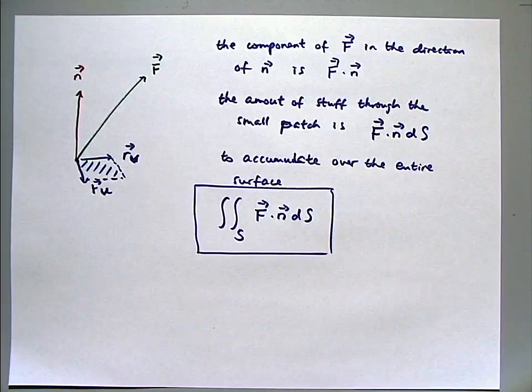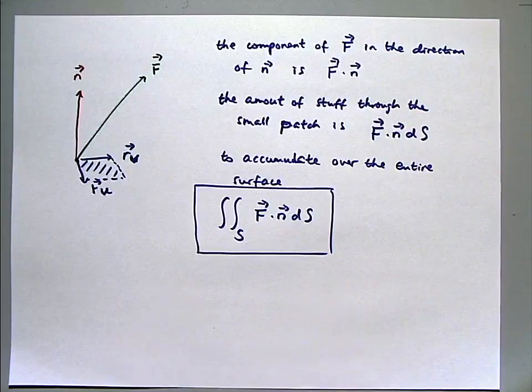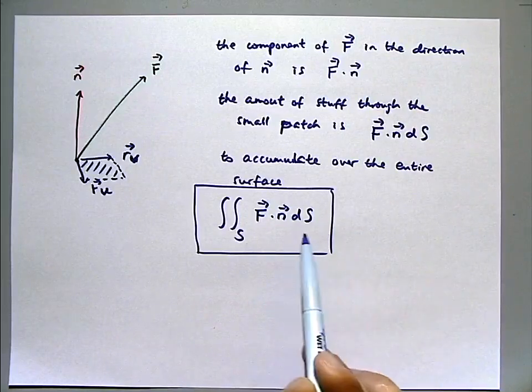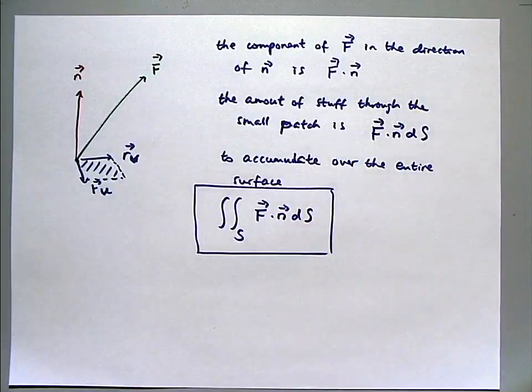The integral of F dot N dS. Physically, just think of F dot N as the amount of fluid going through the surface perpendicularly, and dS is a small patch of the area. Integrate over the whole thing. Now you know over time how much of that is going through the surface.